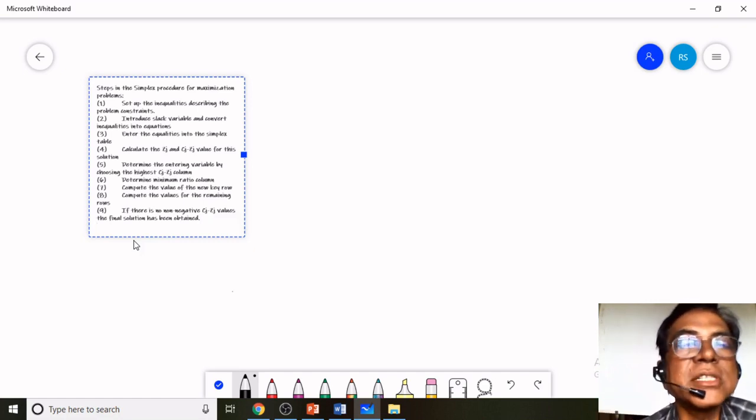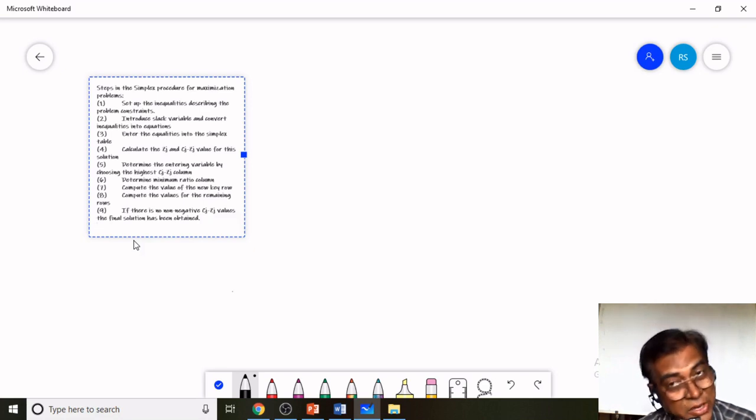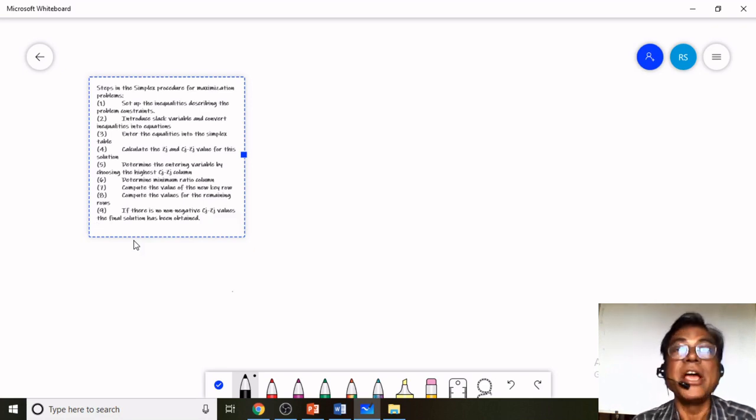Step number two, introduce slack variables. Sometimes if the equation is given as less than or equal to, introduce slack variables and artificial variables also. Once we introduce the slack variables, the inequality equations are converted into equal equations.